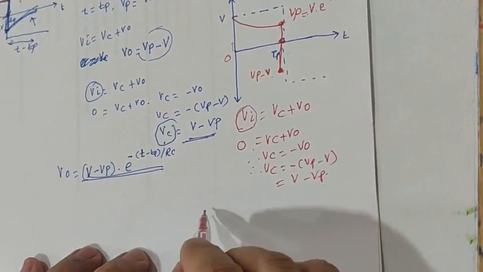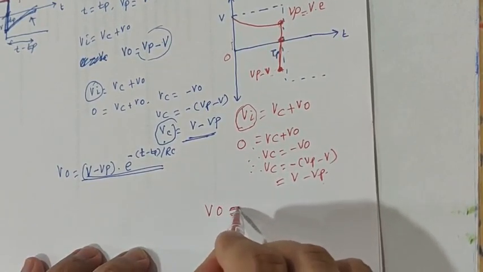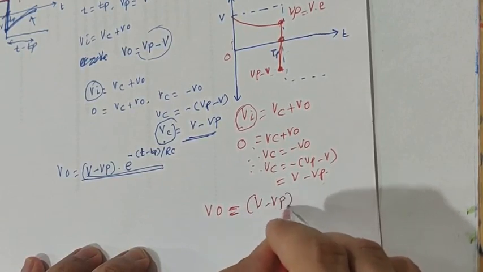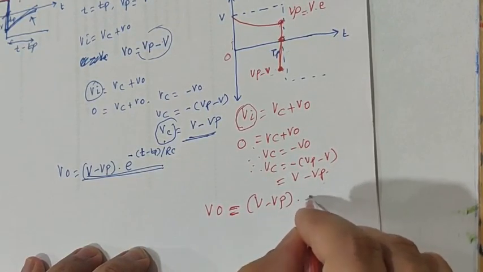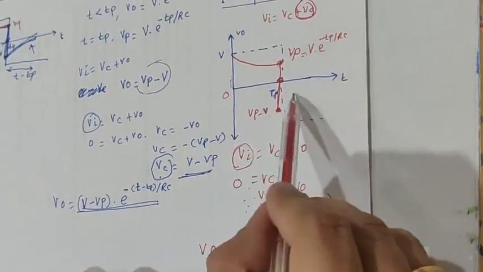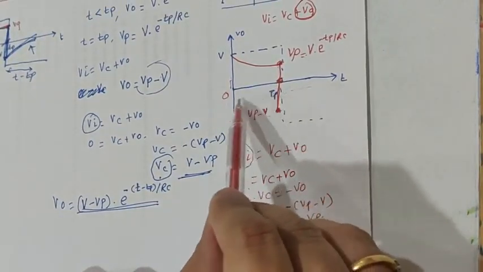So the discharge equation of the capacitor will be similar to the voltage across the output, and that is going to be V minus Vp, the voltage across capacitance, into e to the power minus t by Rc. Now what is the t value here? Here the t value is t minus Tp, because Tp already has passed.